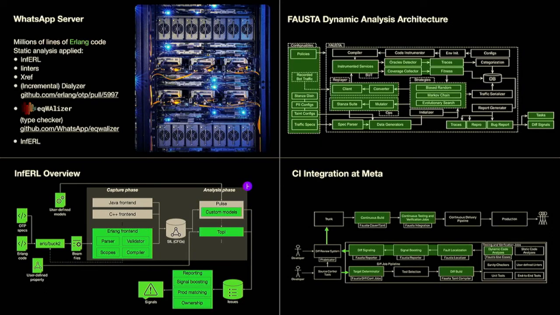Finally, let me summarize. I presented our overview of code analysis tooling at WhatsApp, including several already open sourced. For dynamic analysis, I showed an example system named Fosta, which is a privacy-first spec-based traffic generation system.